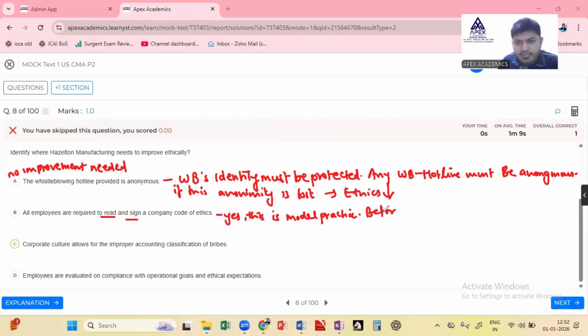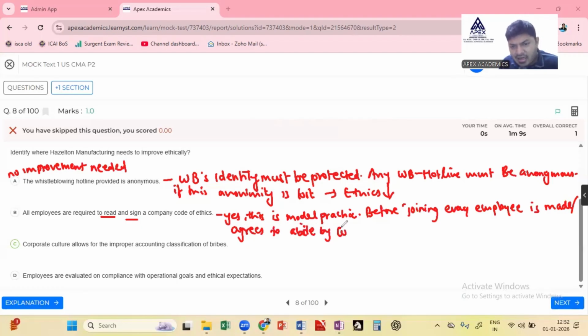Before joining, every employee agrees to abide by company regulations. If they don't abide by company regulations, they are not going to be employed by the company. Why? You don't want to follow our rules, don't work for us.